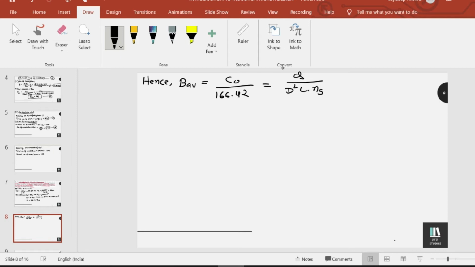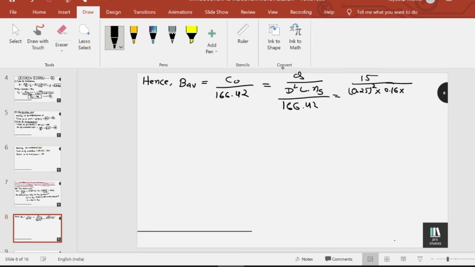So what is the value of Q? We have an output of 15 divided by D square. We have D square as 0.25, then the value of L is 0.16.